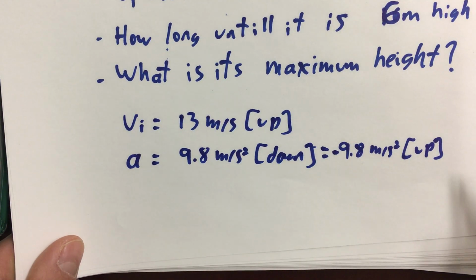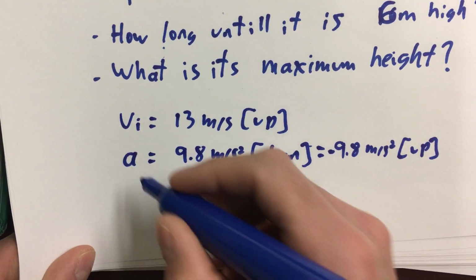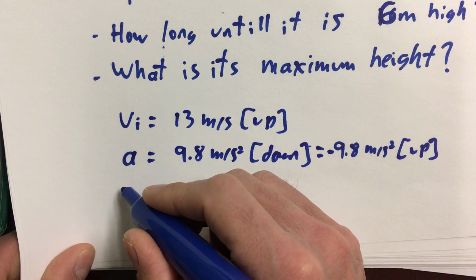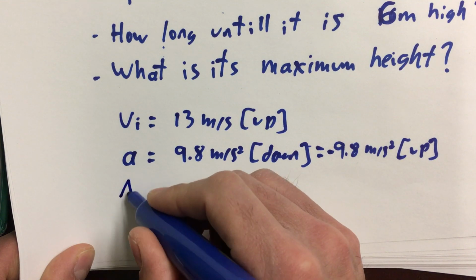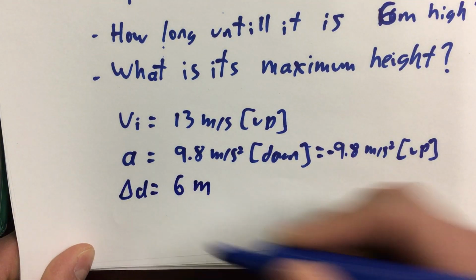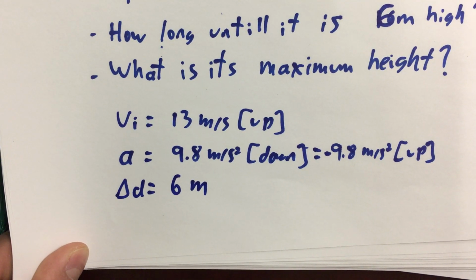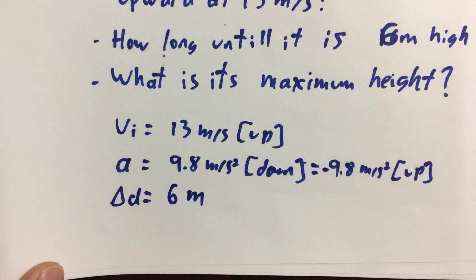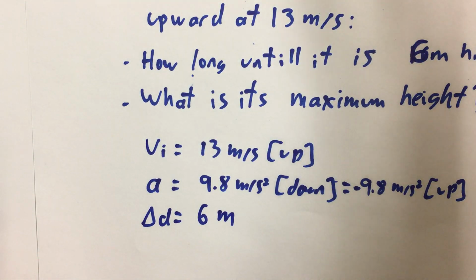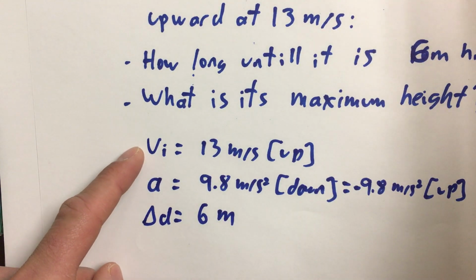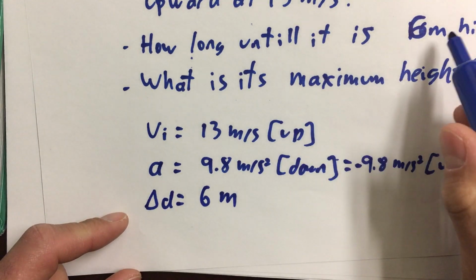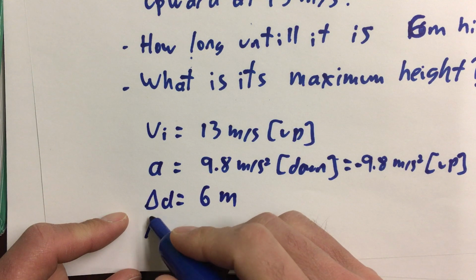How long until it's 6 meters high? So what I'm really looking for is the amount of time it takes for this to have a displacement of a positive 6 meters. How long will it take until it's 6 meters high? Okay. So I have initial velocity, I have acceleration, I have displacement, and I'm looking for time.